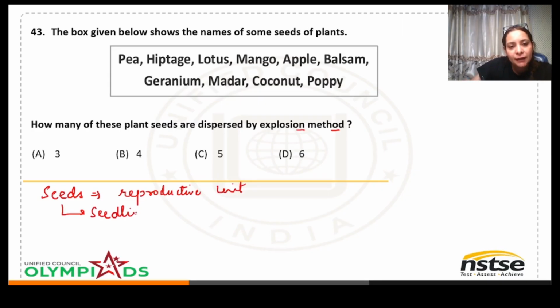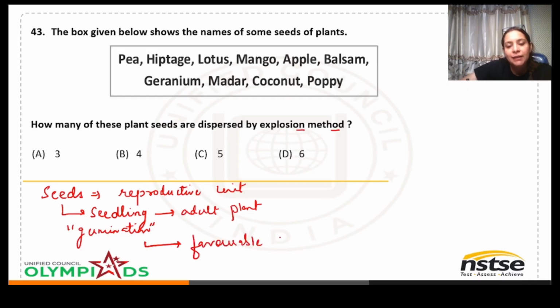They give rise to a small seedling which finally forms an adult, fully grown plant. This process is called germination. But a seed can germinate only when it gets favorable conditions: proper nutrition, proper water, proper climatic condition.